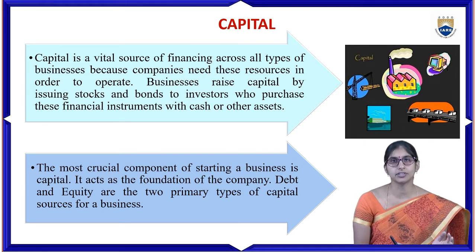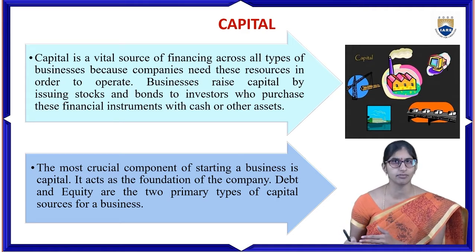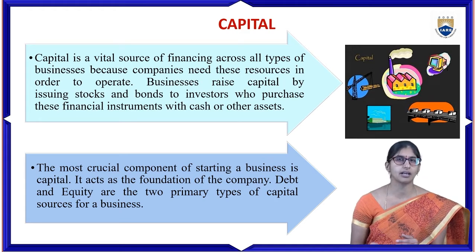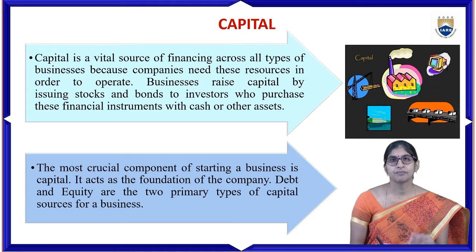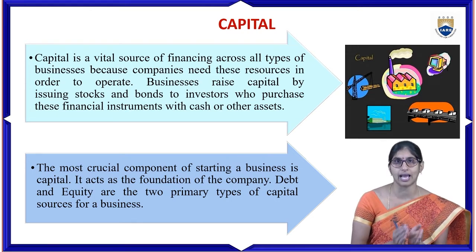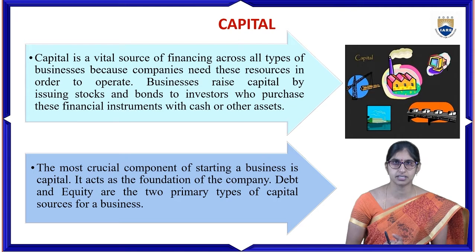The worth of that building, the furniture, and whatever things are in that building all together is validated at 1 crore rupees, let us say. Then that 1 crore rupees worth of building or material or furniture, whatever it may be, is also the capital which belongs to the business.